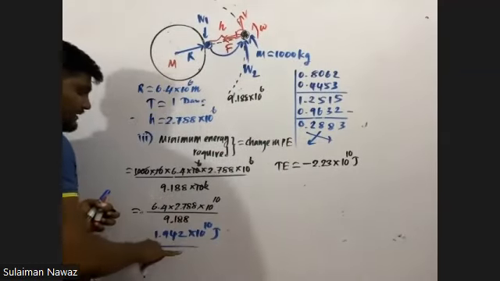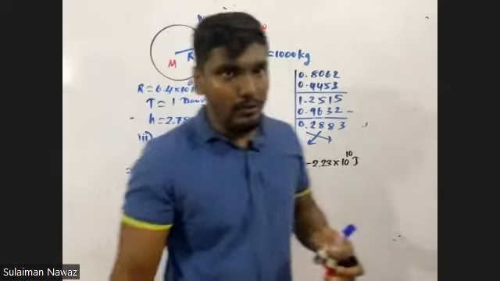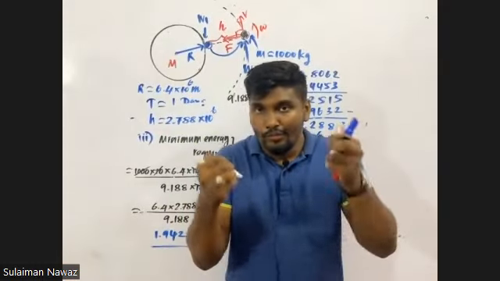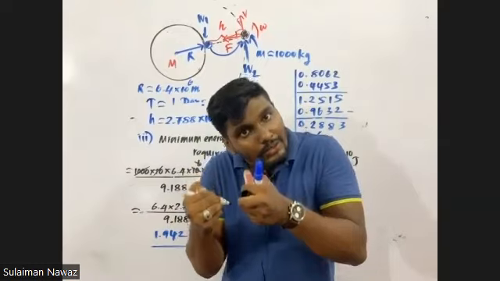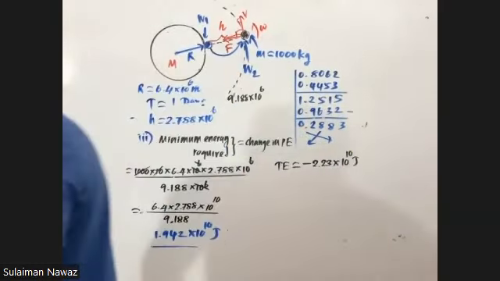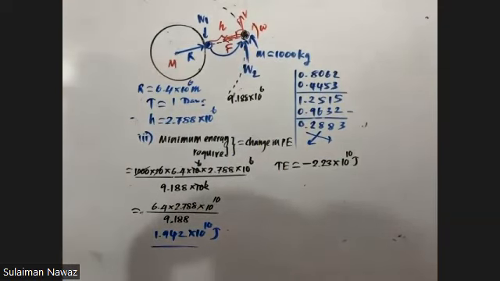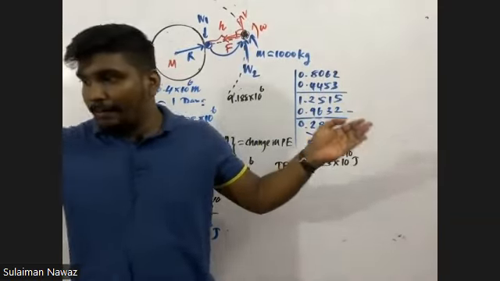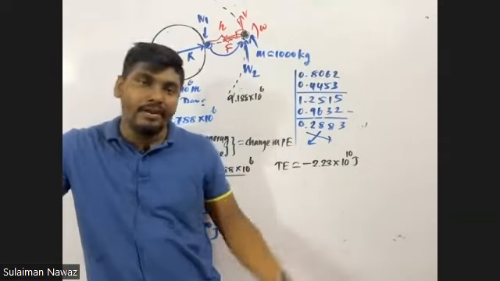Now, what is this energy? This is the minimum energy that we want to provide for the satellite to move from the surface of the Earth to the orbit. Then Roman number 4 asks: explain why the values obtained for Roman number 3 and Roman number 2 are different.